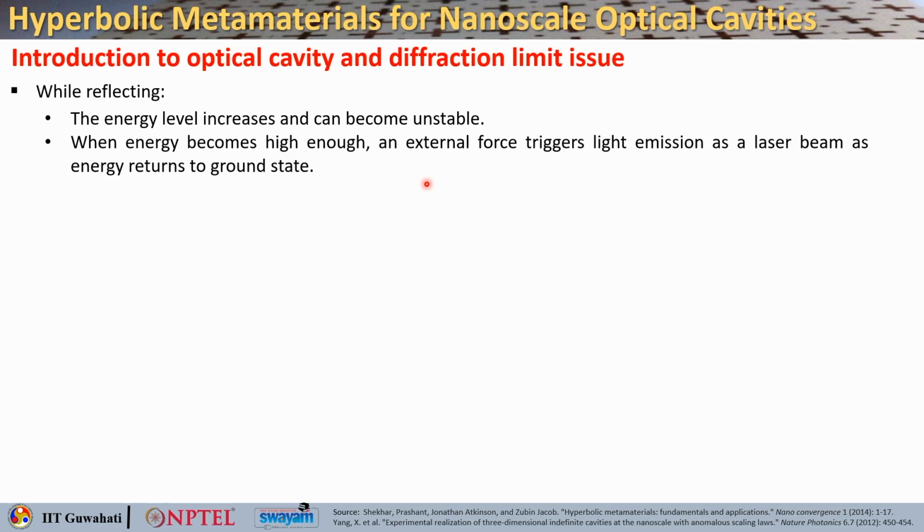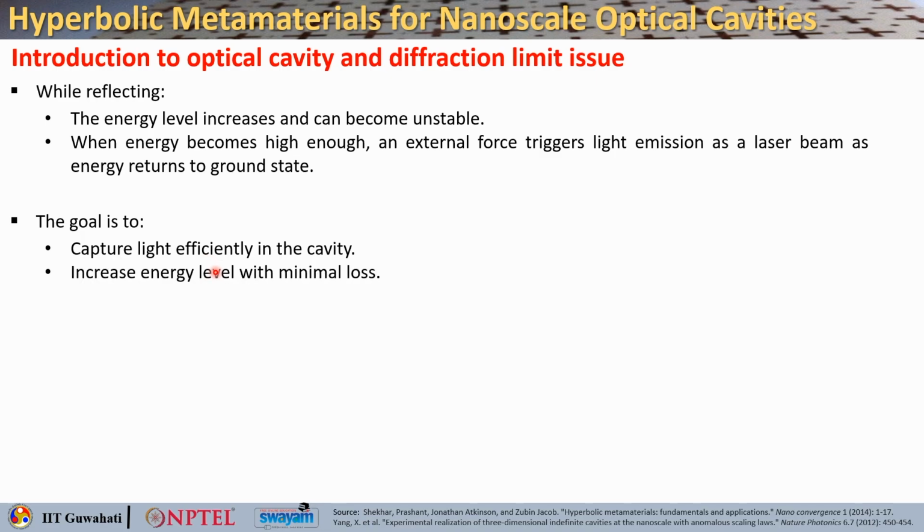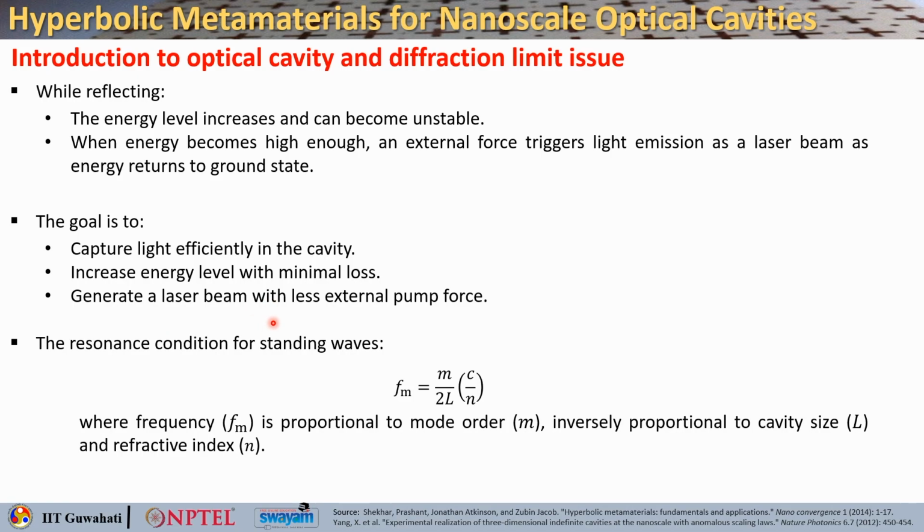When the energy becomes high enough, an external force can trigger light emission as a laser beam, and that allows the energy to return to the ground state. Here the goal is to capture the light efficiently in the cavity, increase the energy levels with minimal loss, and then finally generate a laser beam with less external pump force.